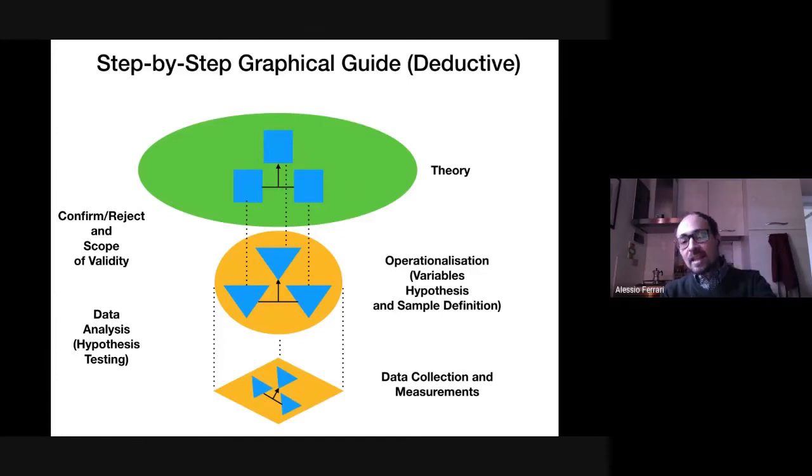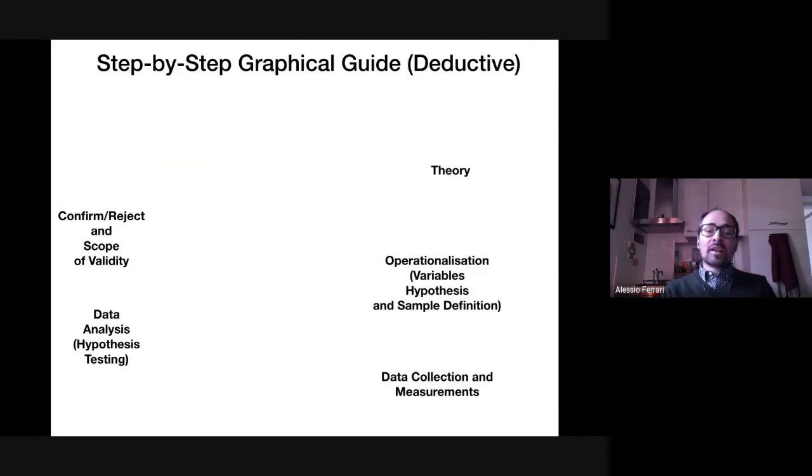The final step is data collection and measurement, in which I actually go to reality and collect this data. Once I have defined the sample, I can apply the sampling strategy, and I can identify all my data with the different data collection techniques that I explained to you last time.